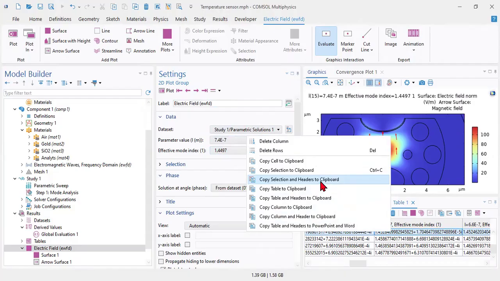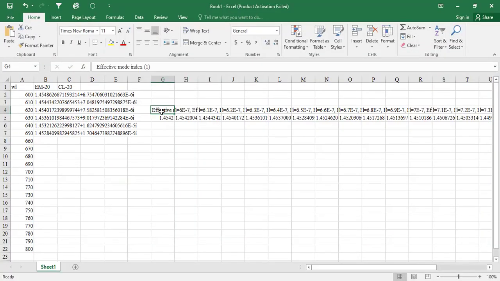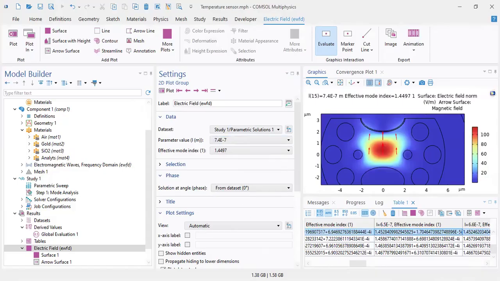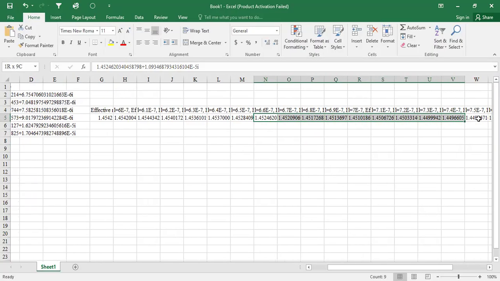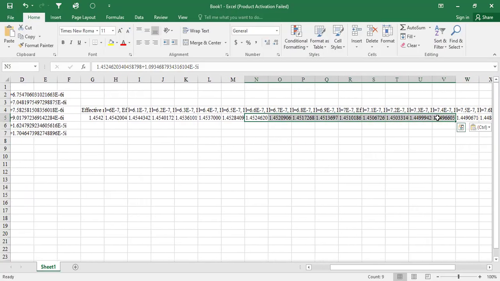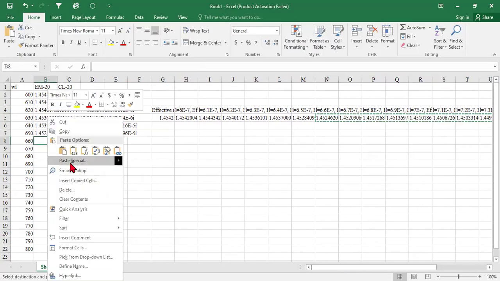Copy, take selection and headers to clipboard, and then you have to paste it here. Control V, from 660 to 740. Then Control C, and then you can paste it here.